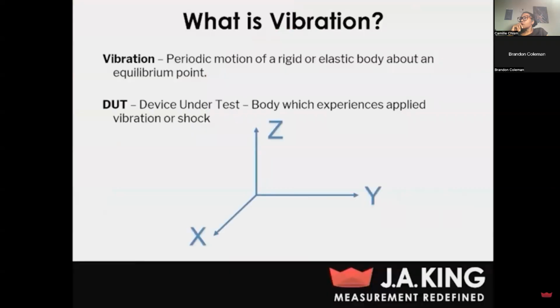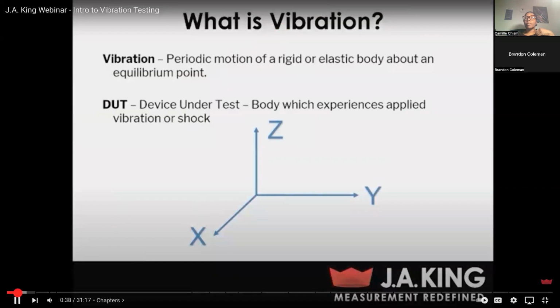So to start off, what is vibration? Vibration is defined as periodic motion of a rigid or elastic body about an equilibrium point. I wanted to mention too that this information is not going to be on the homework, but I think it will help you with the homework, especially for anyone that has not taken packaging 410 yet.